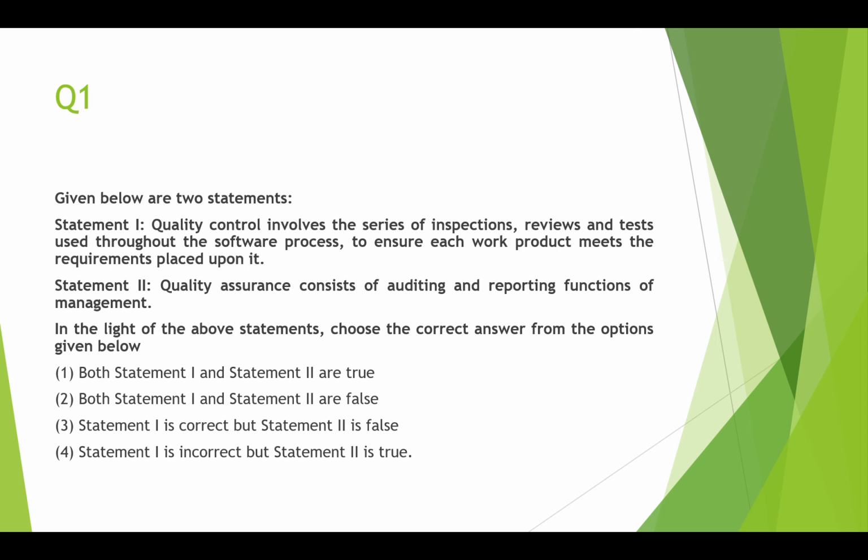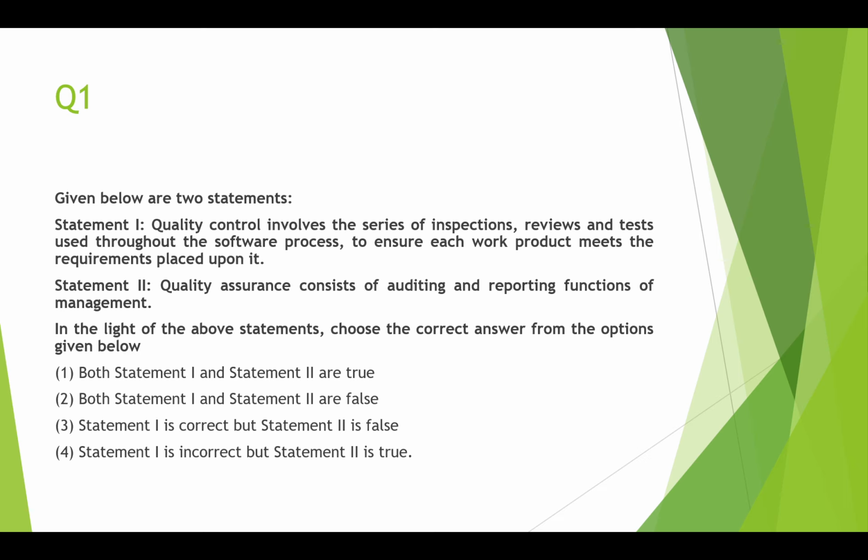Here are some questions from previous year UGC NET exams. These are some practice questions for you. The first question: given below are two statements. Quality control involves a series of inspections, reviews, and tests throughout the software process to ensure each product meets requirements.